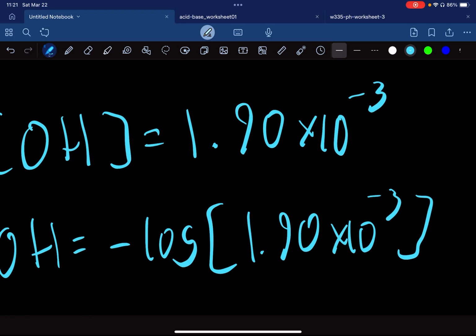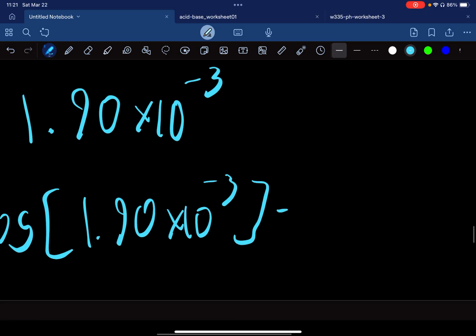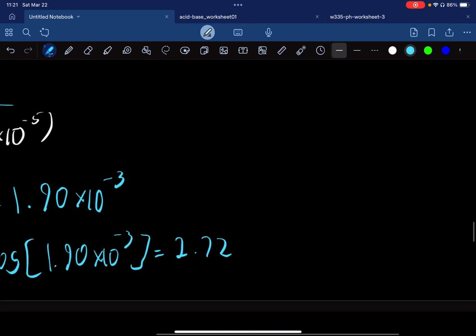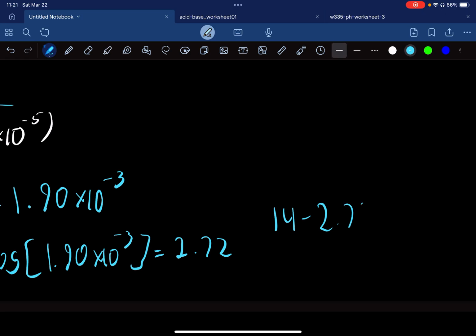Let's see. All right, I got 2.72. So that's my pOH. And it's also asking for pH. So we're just going to do 14 minus 2.72. You're going to get 11.28.